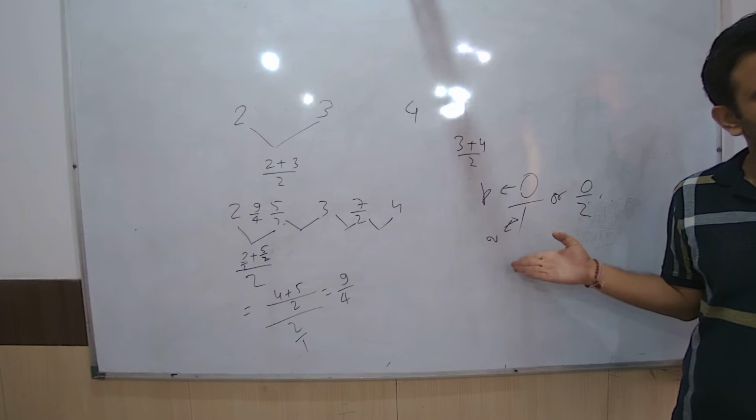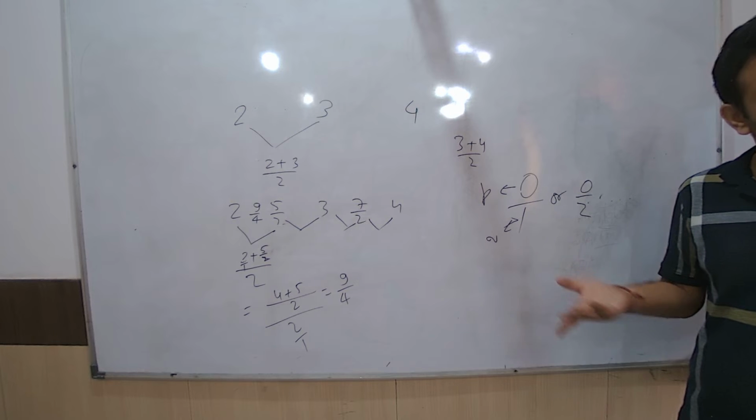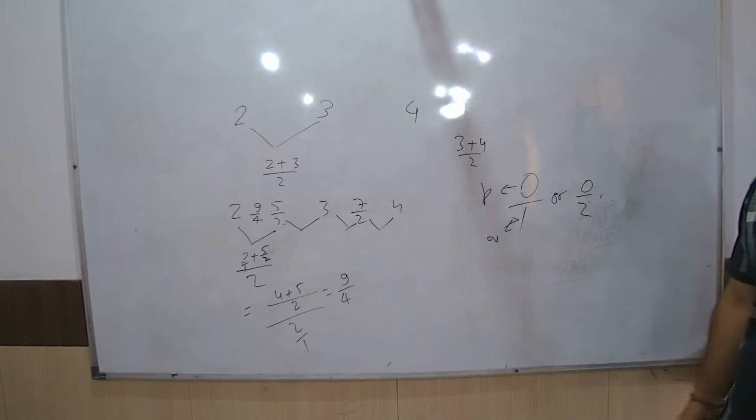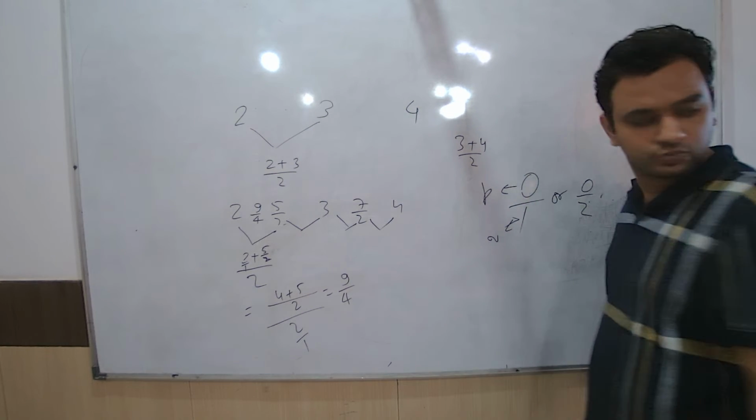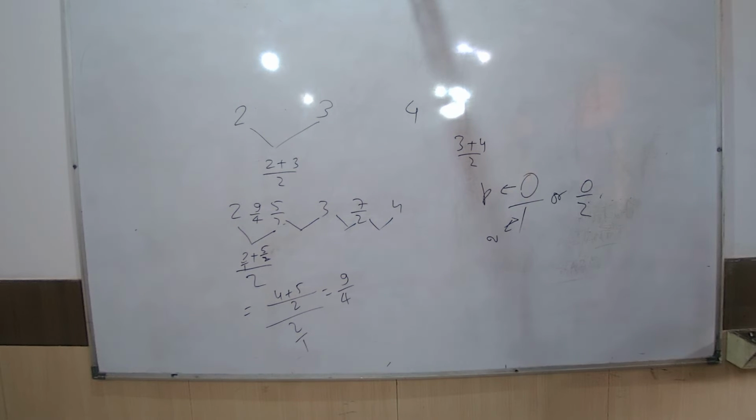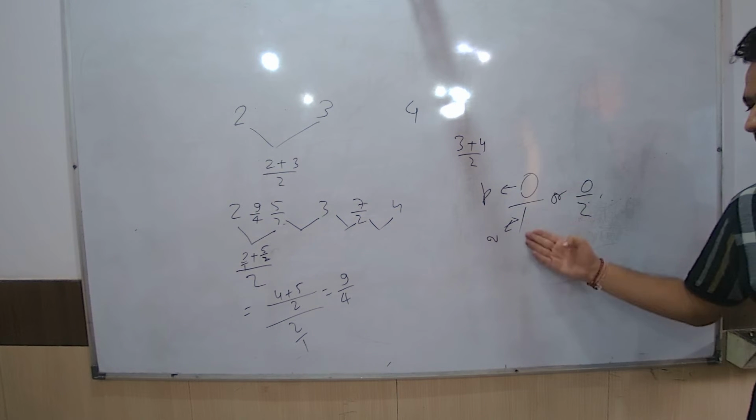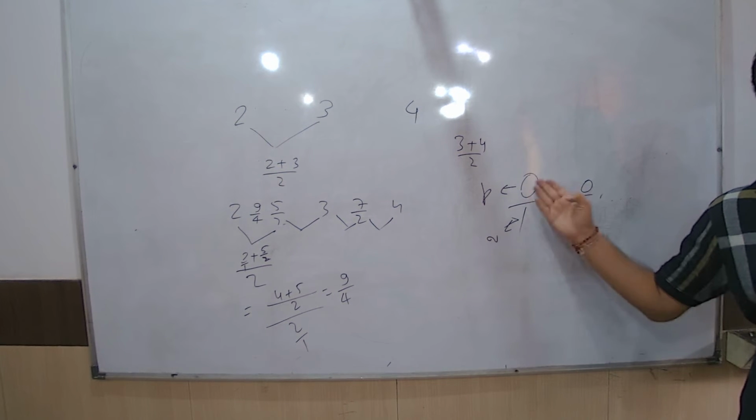So can I say this is a rational number? So 0 is a rational number. Okay, clear? So the first question is like that only. If 0 is a rational number, the answer will be yes. Can you write it in the form of P by Q? Yes, I can write 0 in the form of P by Q only.